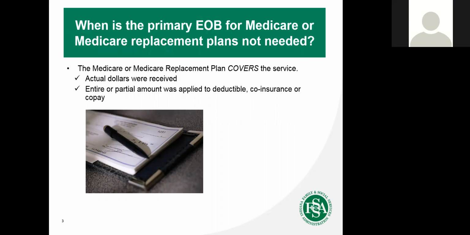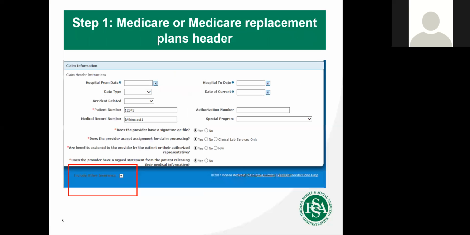So that can happen. But you're going to enter the information into the portal in those behind screens. It's going to tell us, yes, they paid zero, but it all went to copayment or coinsurance. So we don't need that EOB attached. Okay.